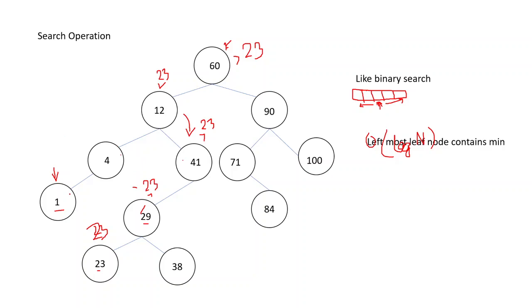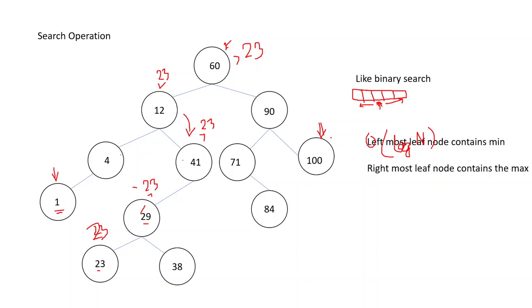If you look at this, the leftmost node here contains a value 1, and 1 is obviously the minimum value present in this particular binary search tree. Now similarly, the rightmost leaf node will contain the maximum value present in the entire tree.